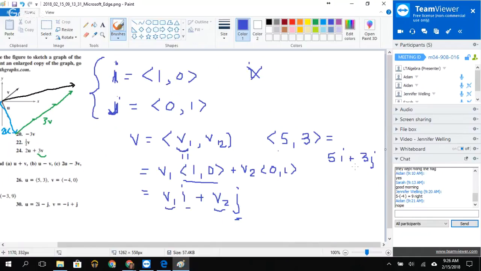The benefit of writing it in terms of unit vectors is that if you want to do vector addition and subtraction, it's kind of easier because we use these like a variable, and then we are able to add and subtract quickly. So you'll see this is a very common terminology, this unit vector terminology. So if you see I and J, they might not be talking about imaginary numbers. They're probably talking about a vector.